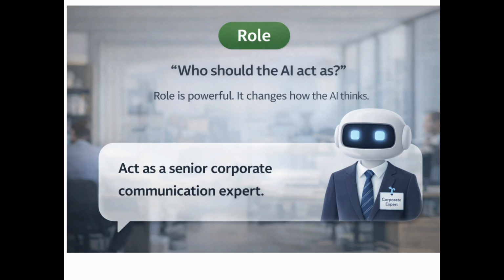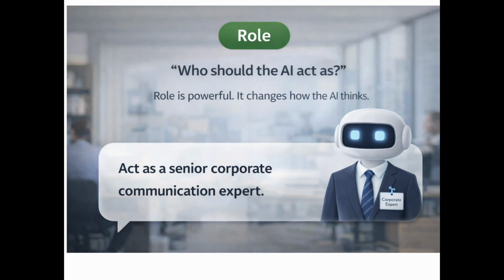And finally, R stands for role. Role answers who should the AI act as. Role is powerful. It changes how the AI thinks. For our email example, I might say, act as a senior corporate communication expert. That single line influences the language, the tone, and the structure of the email.